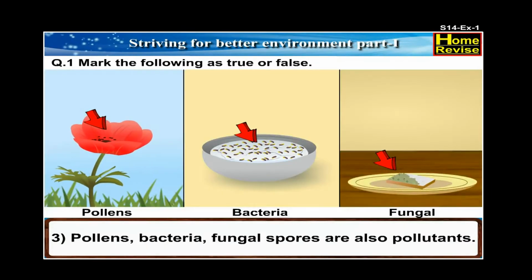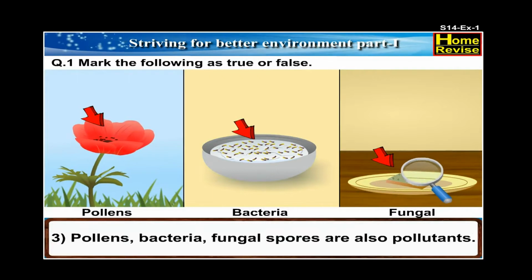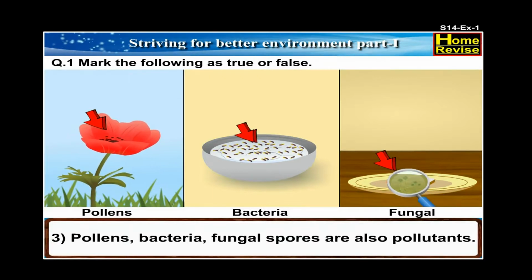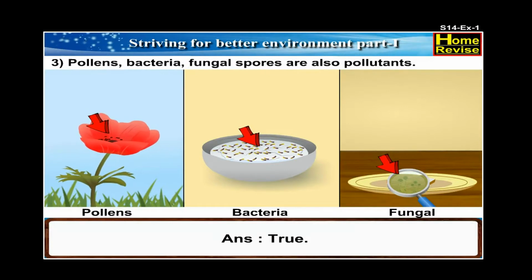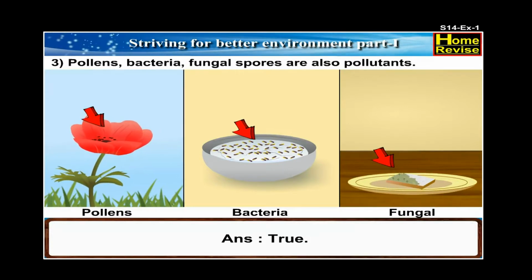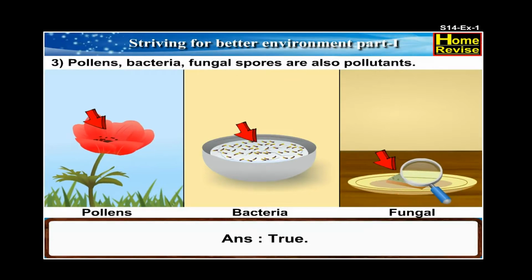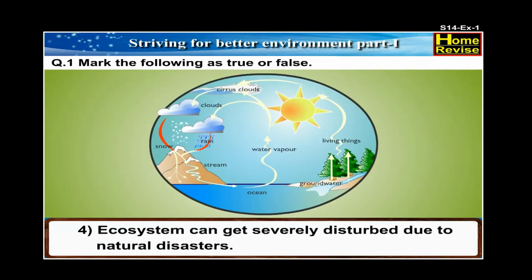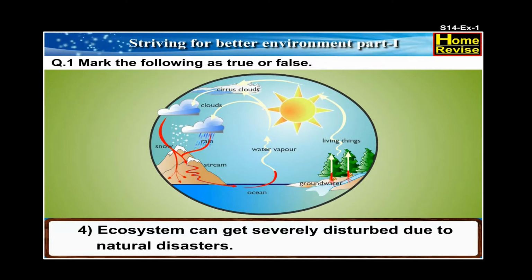3. Pollens, bacteria, fungal spores are also pollutants. The answer is true. 4. Ecosystem can get severely disturbed due to natural disasters.